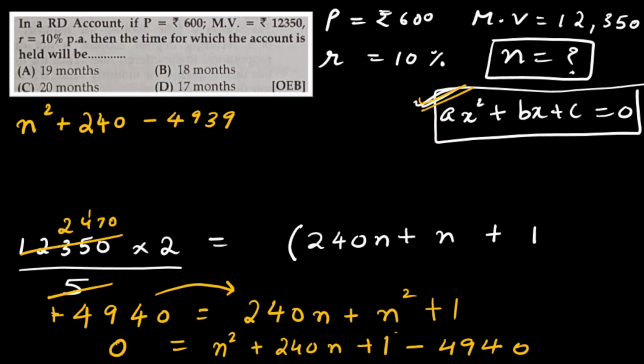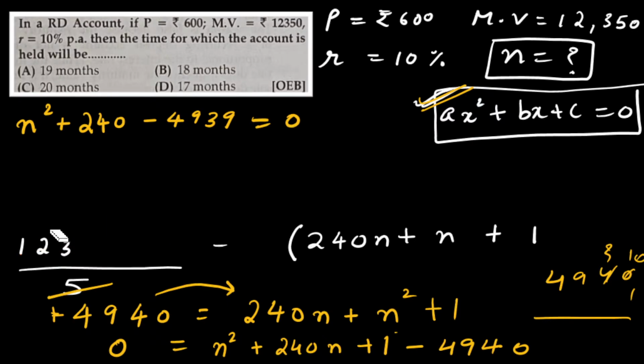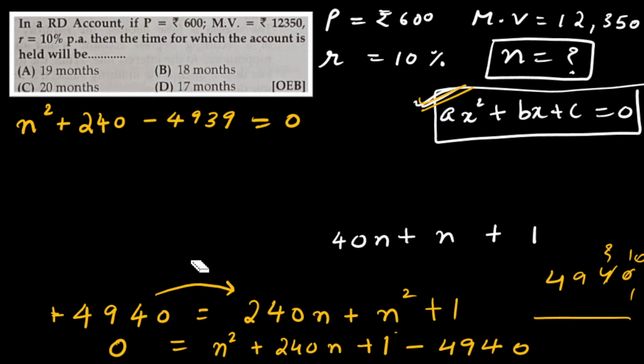So is it correct? 4940 minus 1. Yes. Okay, it's 4939 is equal to 0. So the quadratic equation we have found now. We just have to solve it.